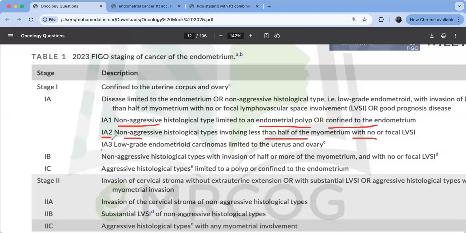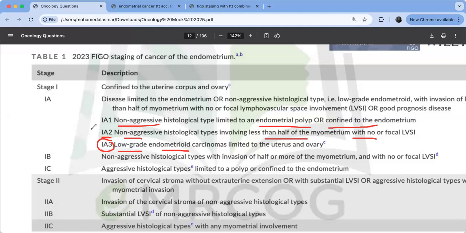1A3 is a special stage in this staging. This is for low grade also, but it's endometrioid carcinoma, not adenocarcinoma. And my friend, endometrioid carcinoma can come from the ovary and the uterus, or only the uterus. So here it's a low grade endometrioid carcinoma limited to the uterus and ovary.